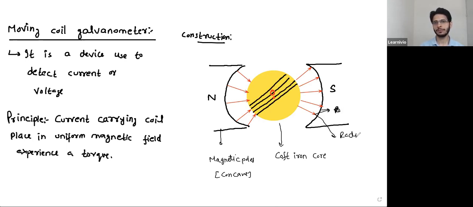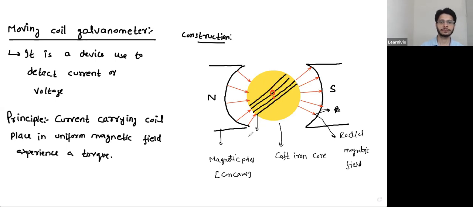Radial we did in case 3 of the torque on a current carrying coil. Radial means the angle between magnetic field and magnetic moment is 90 degrees always.